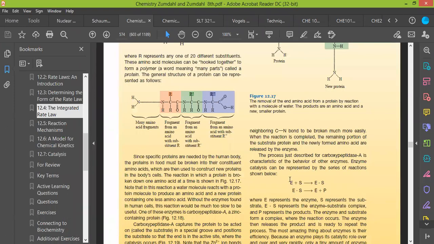So like this, you're going to have a catalyst substrate, and then a catalyst substrate intermediate, then an enzyme substrate intermediate gives you an enzyme and the product. So this enzyme substrate step you're having here is actually a step that has a lesser amount of energy than breaking the substrate directly to the product.